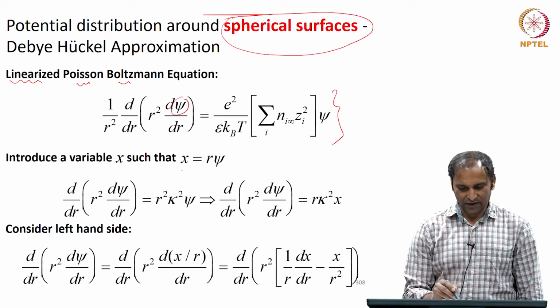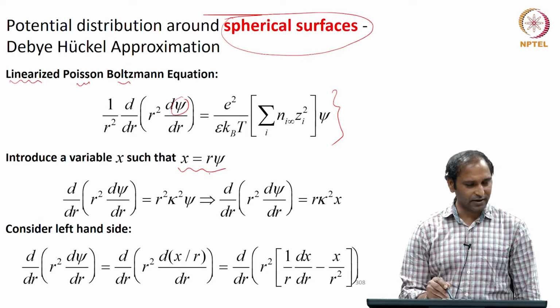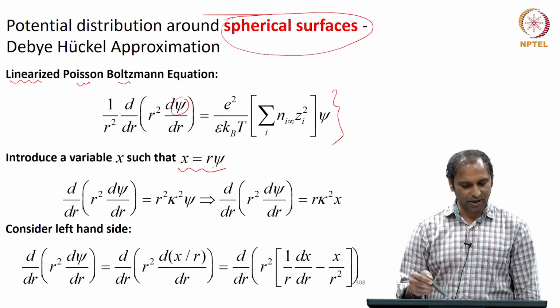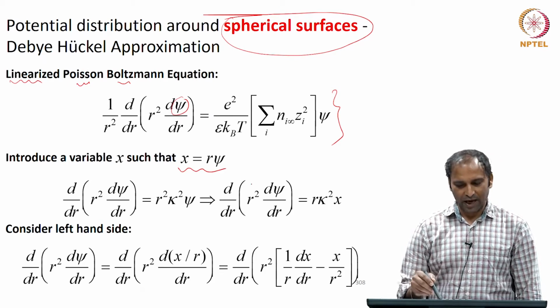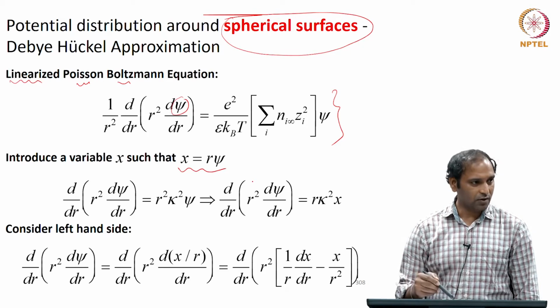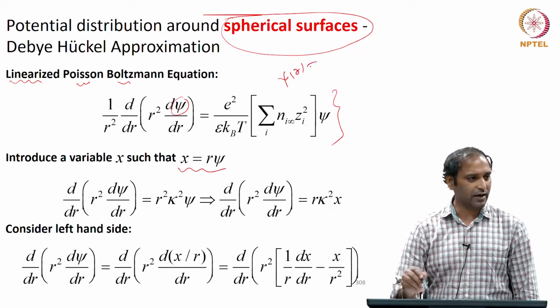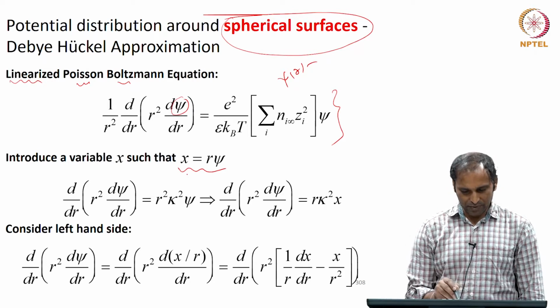We would like to have a differential equation which I can eventually solve, and then get an expression for how psi varies as a function of r. That is what we are after.